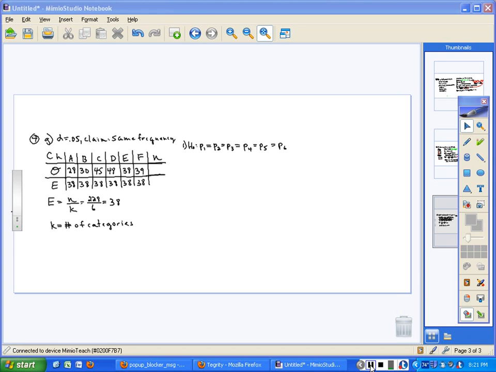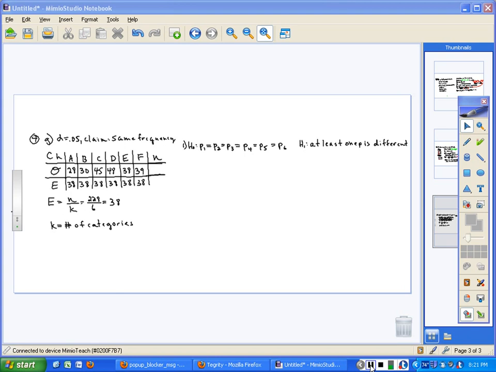And the H1 is in words: at least one P is different. So H0 says they're all the same, and H1 says at least one of them is different.